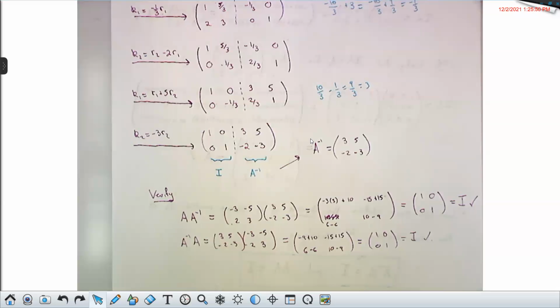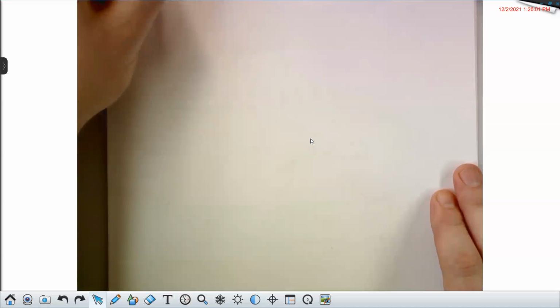So to finish things up here, we are going to now solve that linear system we started with.